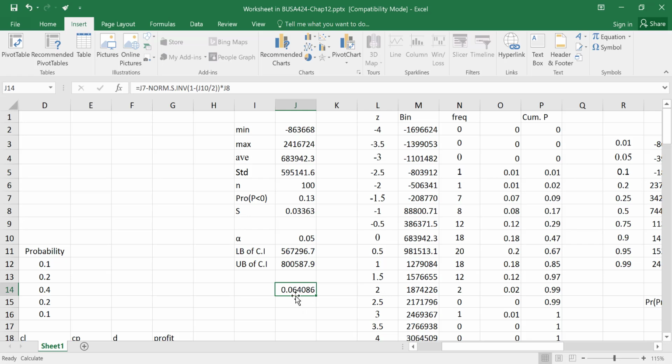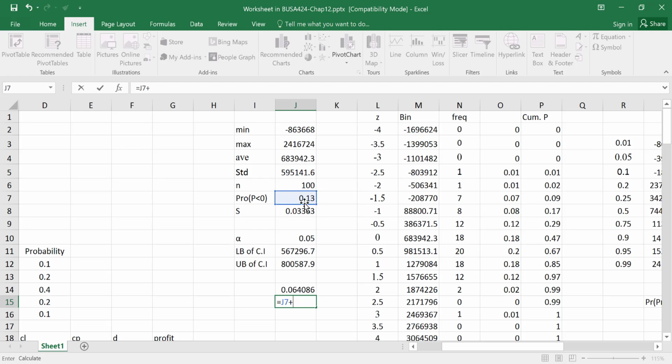So the interpretation of these two values means that we are 95% sure that the mean falls in this range. Then for this one, the probability of being negative, we are sure that with 95% it falls in this range.